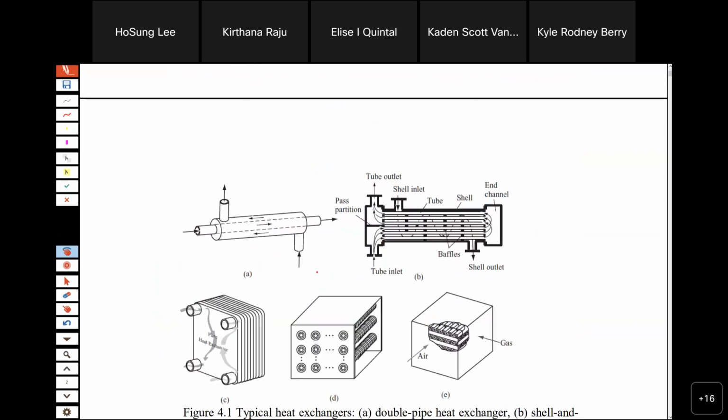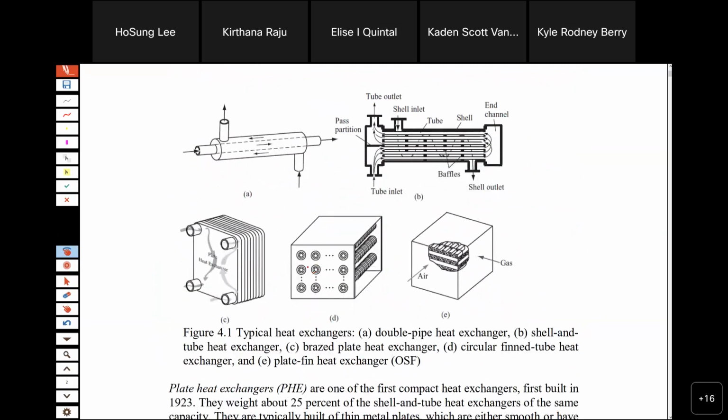Here are some schematic drawings: double pipe, and shell and tube. Shell and tube has tubular flow and shell flow, which we will discuss. And C is the plate type, very typical.